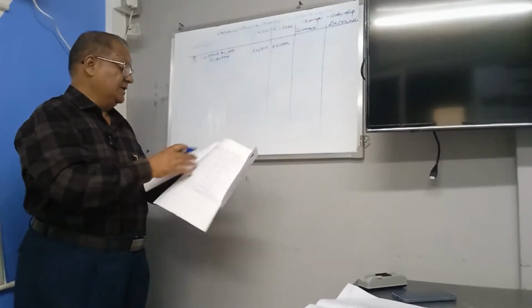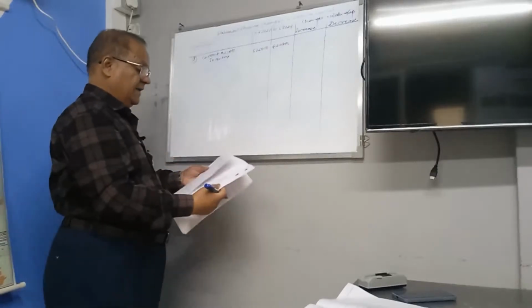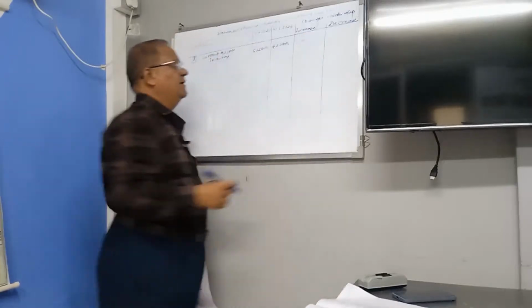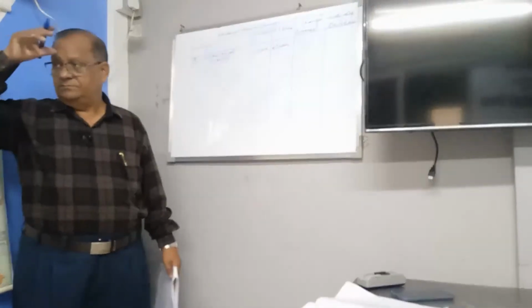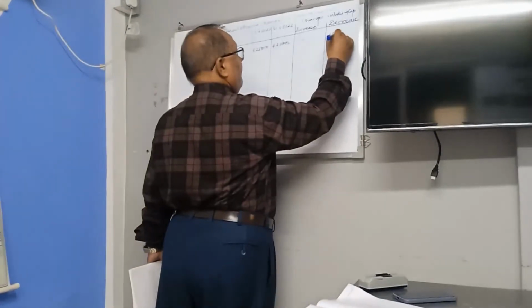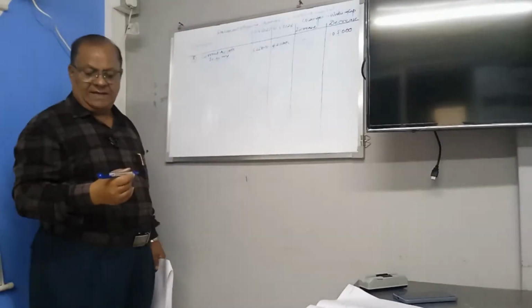Inventory is given to you: 525,000 and 4,20,000. Actually it is a decrease, so write it in the decrease column. It is decreased by 1,05,000.